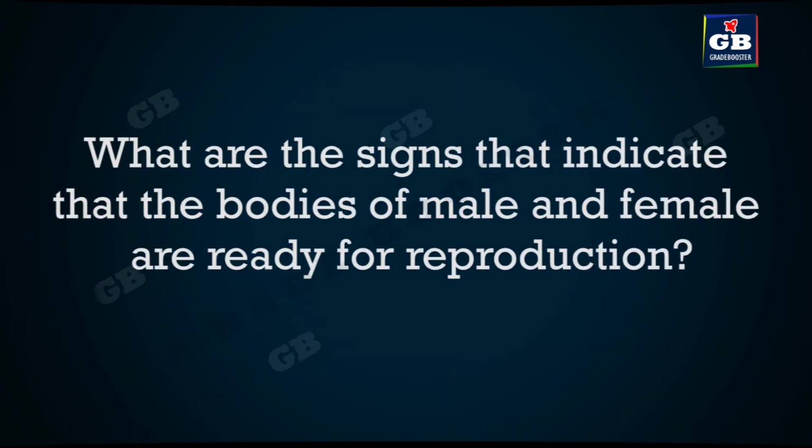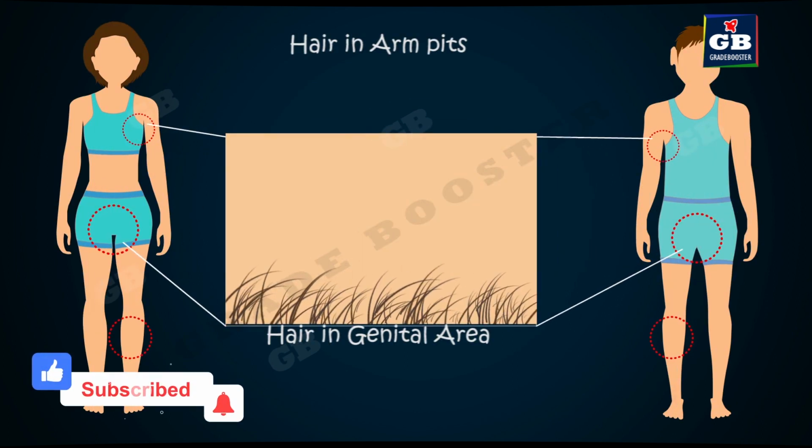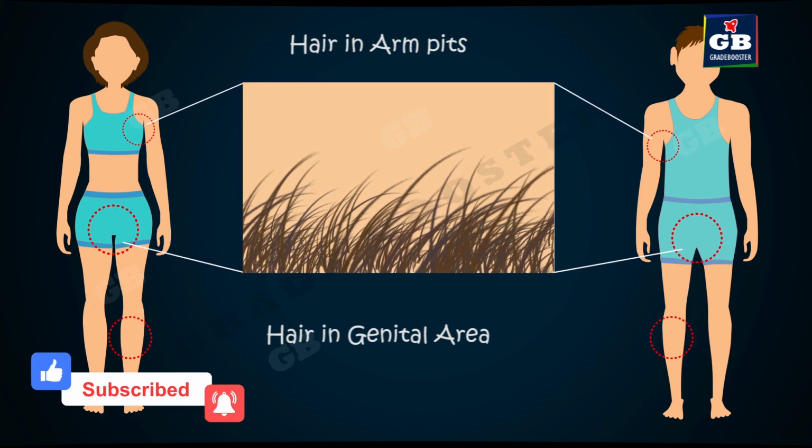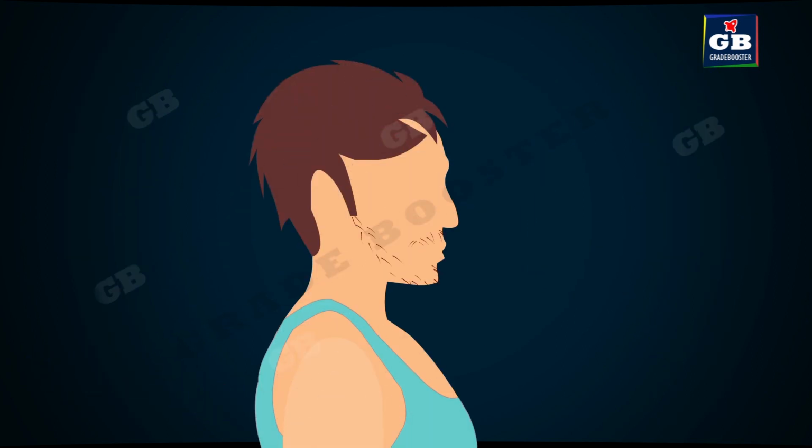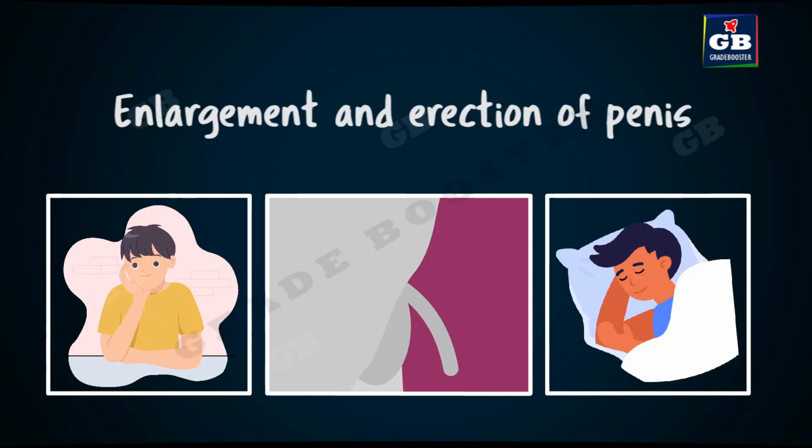What are the signs that indicate that the bodies of male and female are ready for reproduction? Growth of new hair in the armpits, genital area, and on hands and legs. Growth of facial hair and change of voice in boys. The enlargement and erection of penis in boys during daydreams or at night sleep.